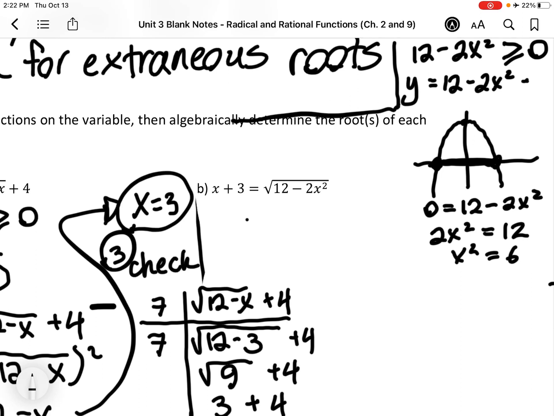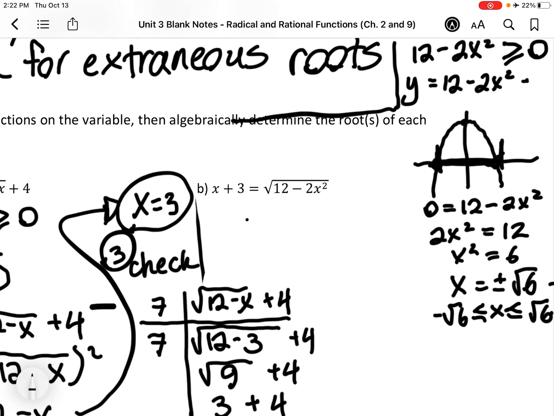So if I solve for x, I'm going to get that x equals plus or minus the square root of 6. So this guy over here is negative root 6. This guy over here is positive root 6. So my restrictions are that negative root 6 has to be less than or equal to x, which is less than or equal to root 6.